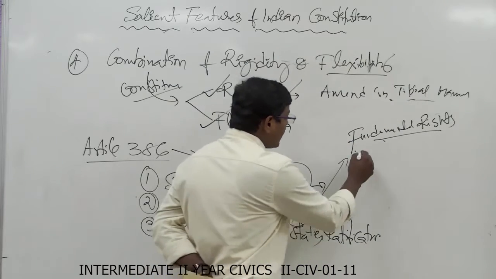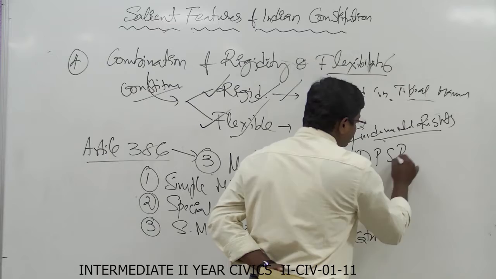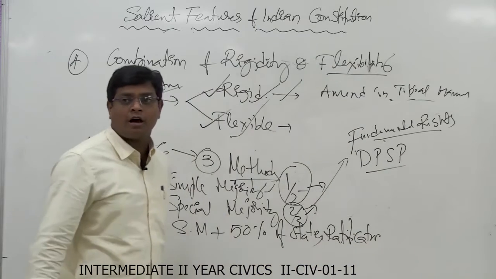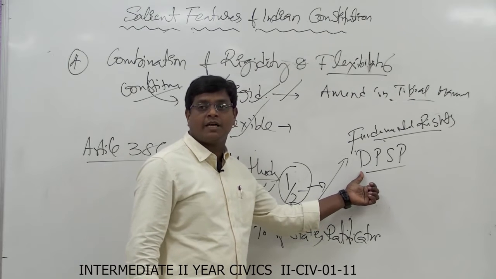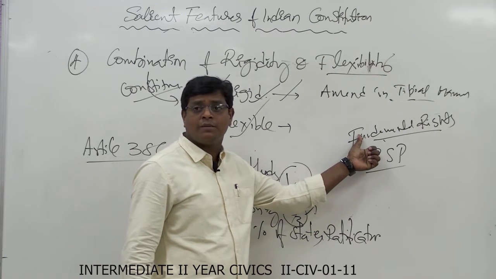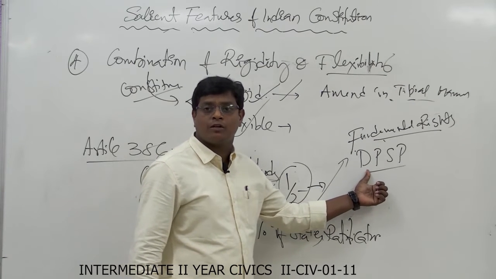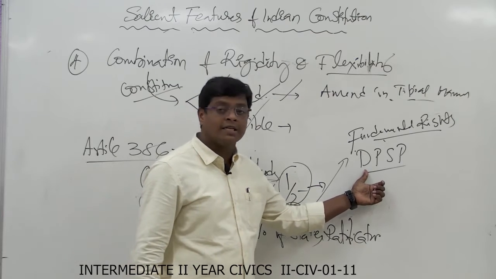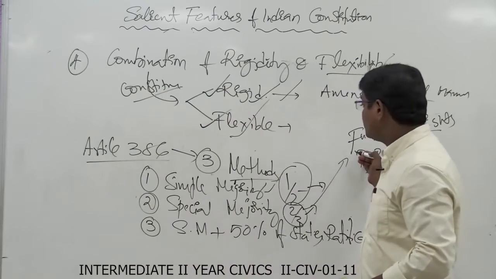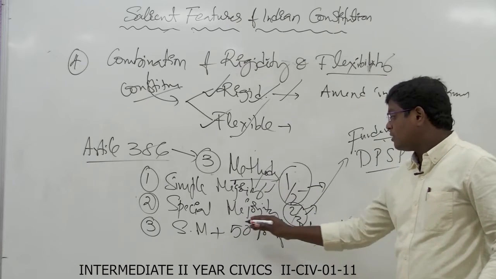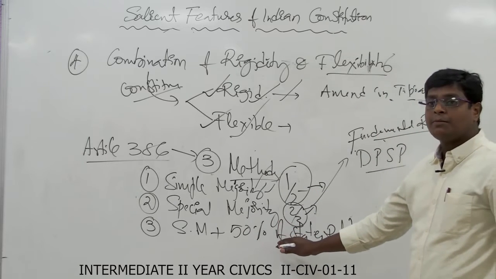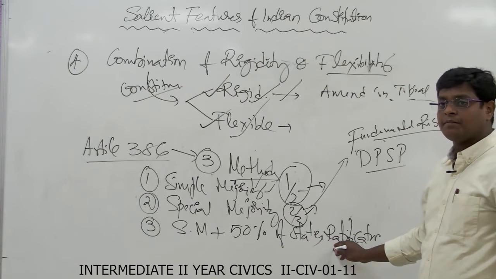At the same time, Directive Principles of State Policy also require 2/3 majority. And the remaining provisions are those which do not come under simple majority or special majority with 50% states ratification.